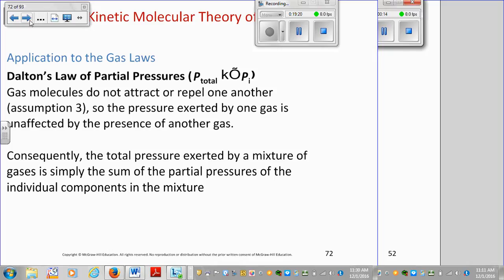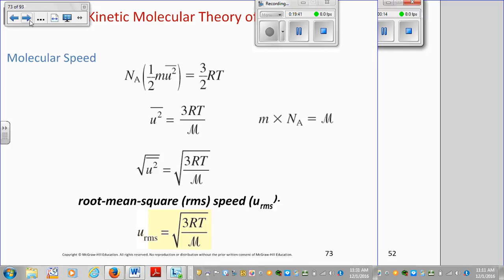But individually, you're not interacting with each other. He's hitting the walls 10 times a minute, and you're hitting it 5 times a minute. The total is going to be 15, but he's 10 and you're 5. Conversely, if I know it's 15 and yours is 10, I know his has to be 5.